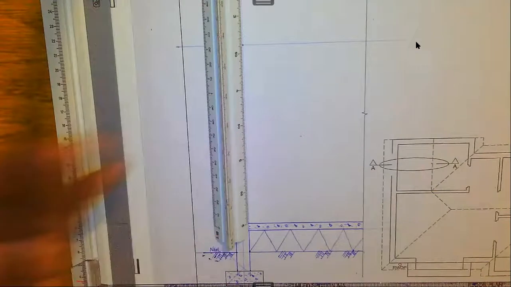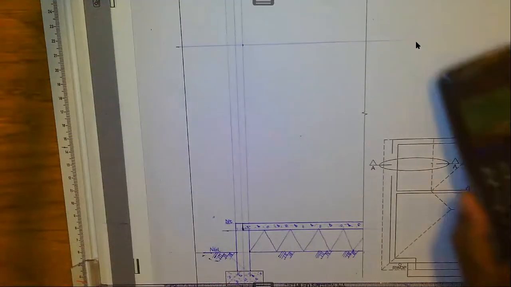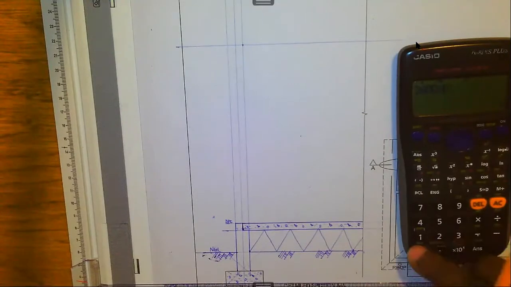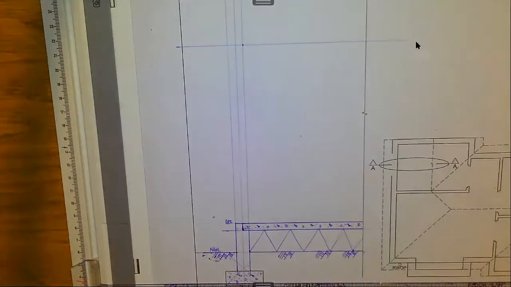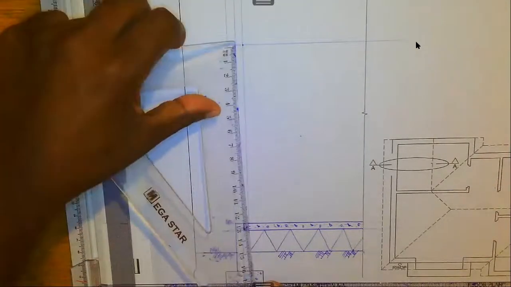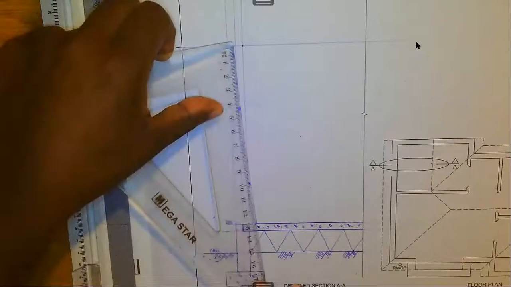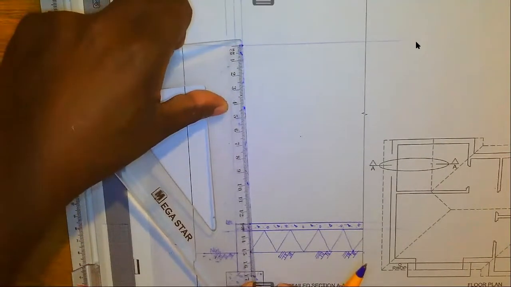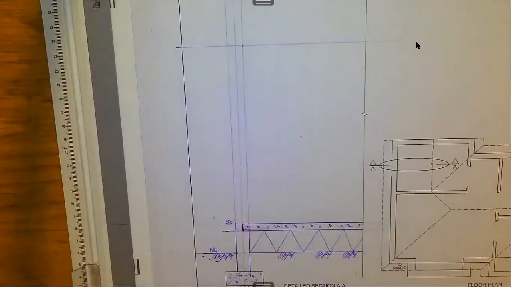That's what you do if you are using a scale. If you are using an ordinary ruler, that's 2,600 divided by 20. You'll find that we need 130, and if we check, this should give us also 130 in terms of the distance from here to there, which is exactly that, okay? 130, okay? So that's fine.